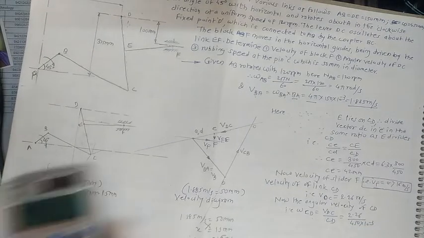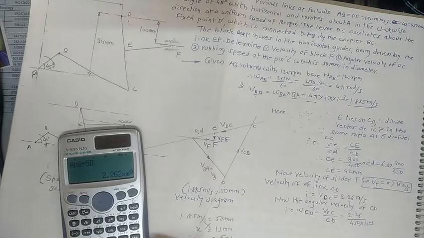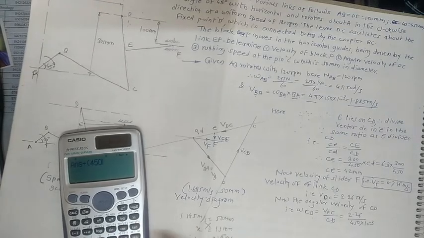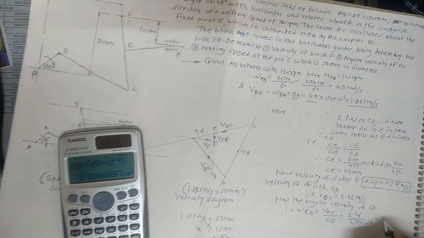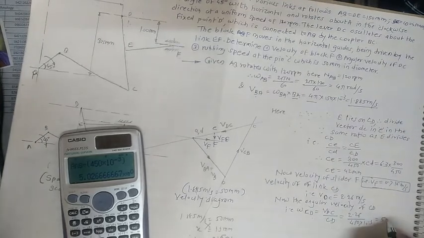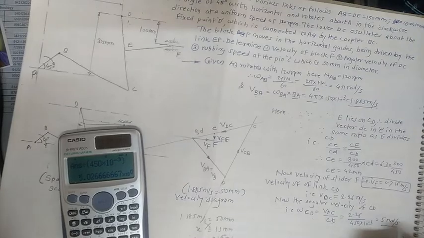We can get 5.02, which is equal to 5 radian per second, in this way.